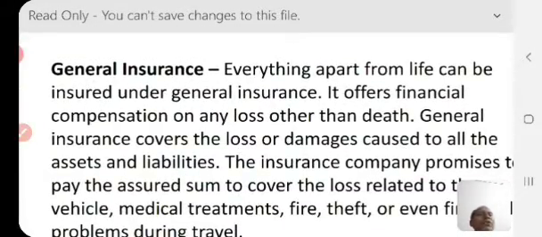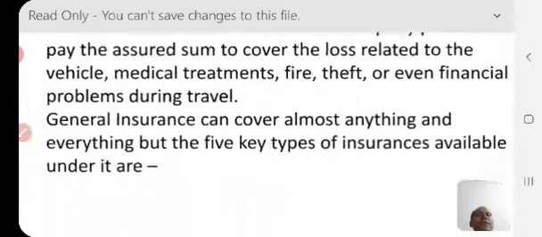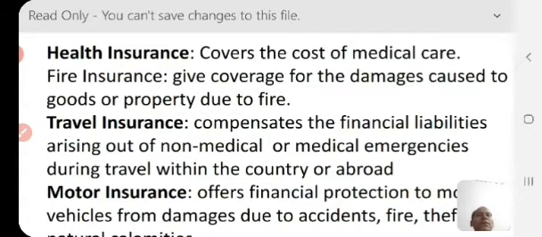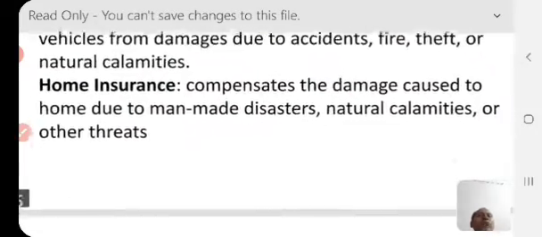And in general insurance, other than lives, are classified home insurance, fire insurance, travel insurance, motor insurance, home insurance.